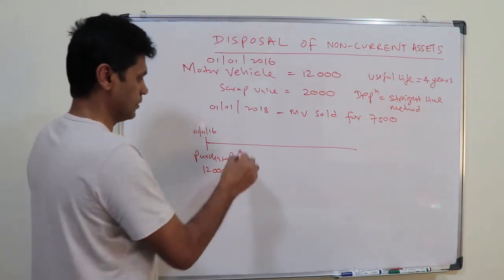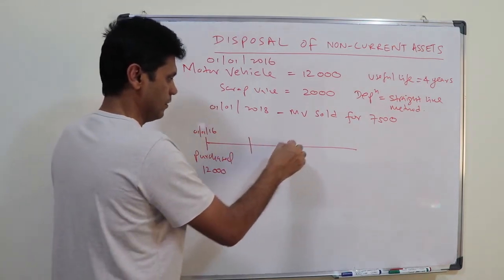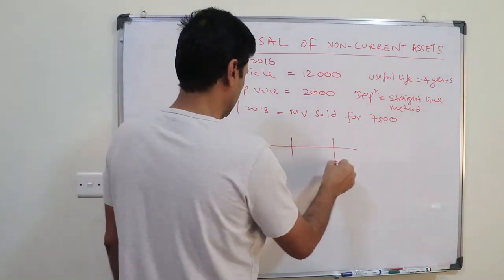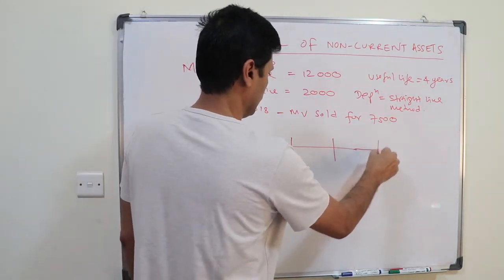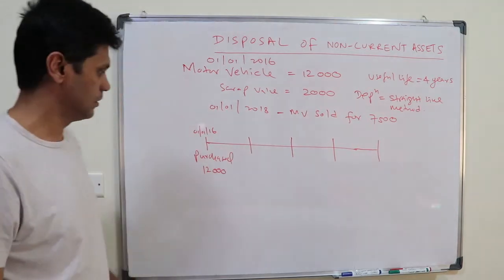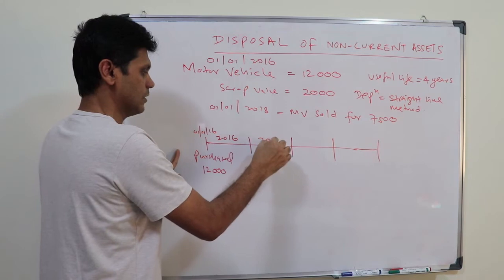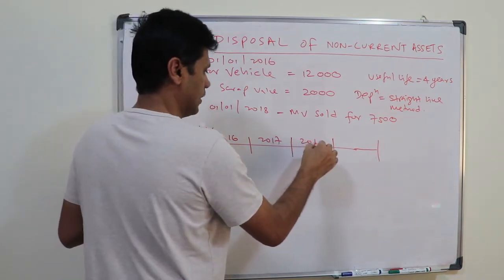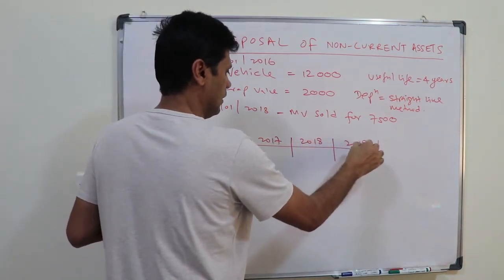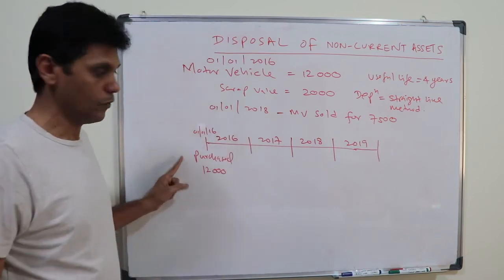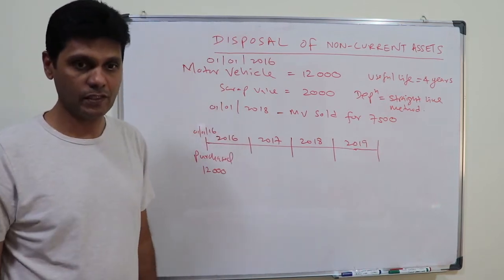For 4 years: 1, 2, 3, 4. So this is 2016, this is 2017, 2018, 2019. You can use this particular motor vehicle for 4 years.